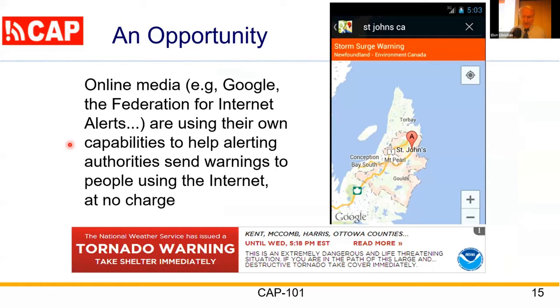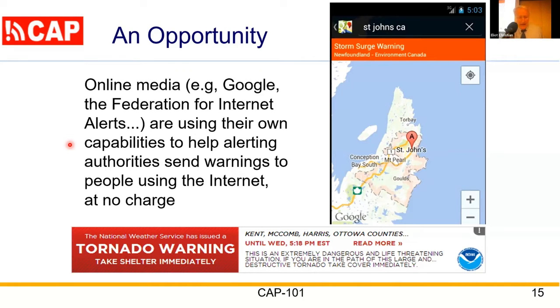They leverage CAP to deliver alerts to people who are using Google tools. Here's Google showing the alert of a storm surge in St. John's, Canada. Used by billions of people worldwide, Google services disseminate CAP alerts already via Google Search, Google Maps, and Android push notifications.